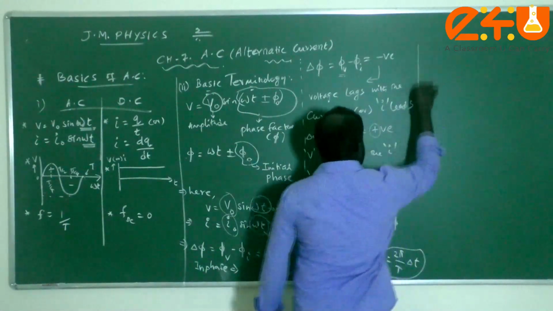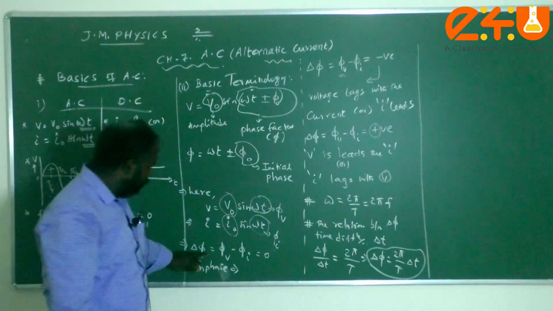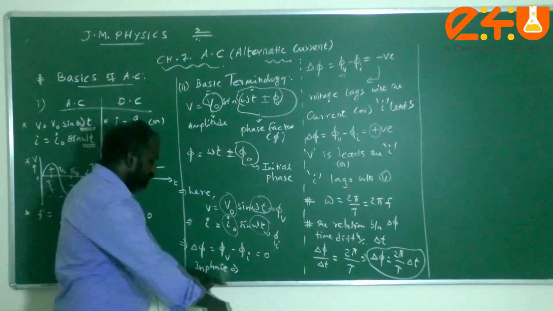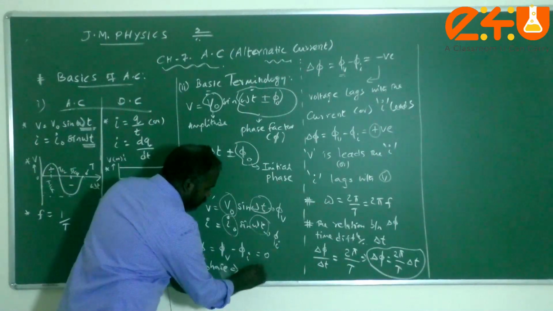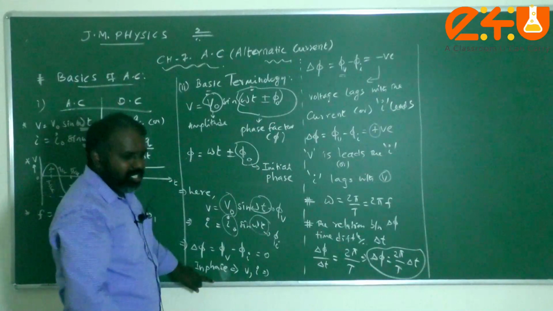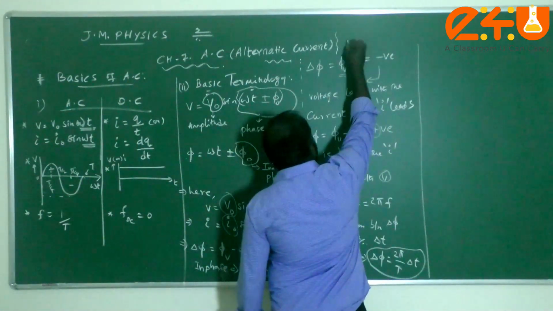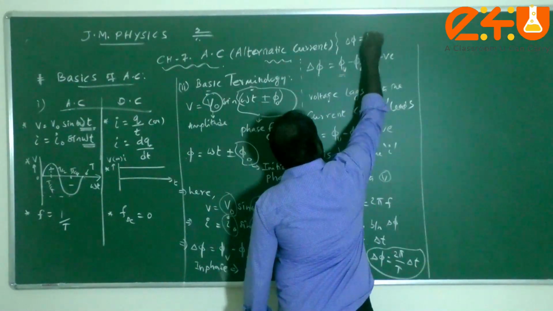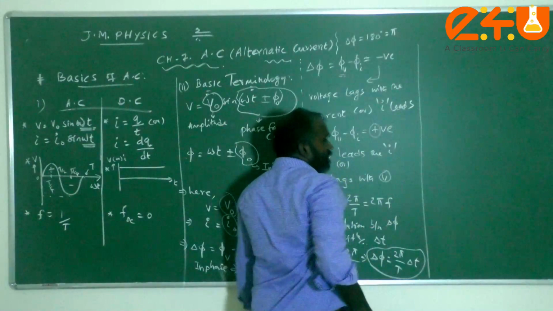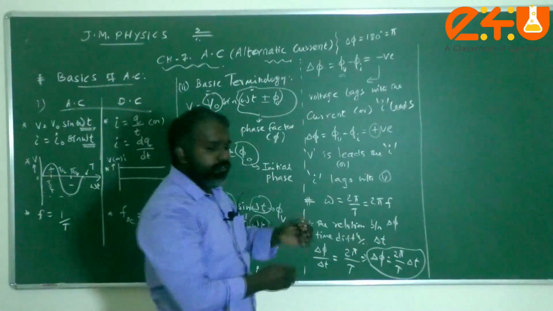And here there is one more thing I have to say. If delta phi is equal to 0, they are in phase. That means voltage and current reach maxima and minima simultaneously. If delta phi is equal to 180 degrees, that is pi radian, then we can say that they are out of phase.